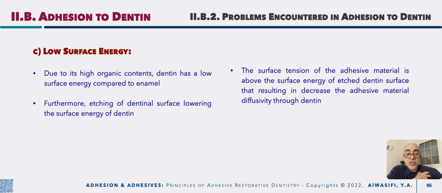Why? Because now you are further lowering the surface energy by reducing the amount of inorganic content. All of this leads to the surface tension of the adhesive liquid being greater than the surface energy of dentin itself, which reduces the wetting ability of the adhesive and reduces its infiltration inside dentin.